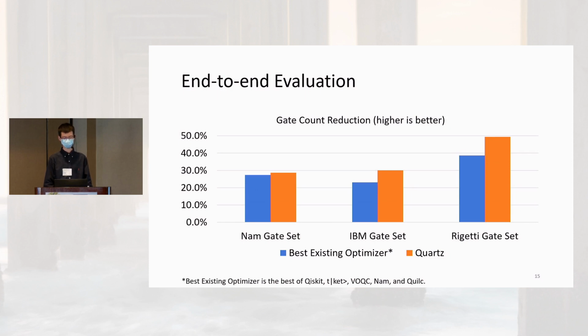Quartz achieves on-par performance with the Nam optimizer on the Nam gate set, and outperforms the best existing optimizers on the IBM gate set and Rigetti gate set. It's worth mentioning that the Nam optimizer contains many manually designed transformations, and Quartz is able to automatically generate them to match the performance.